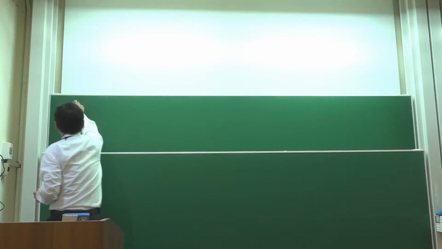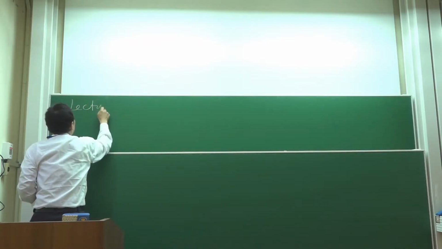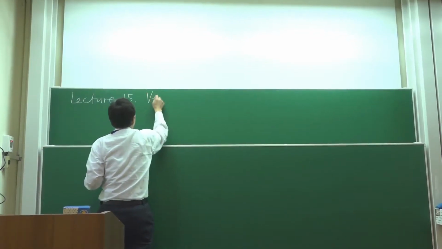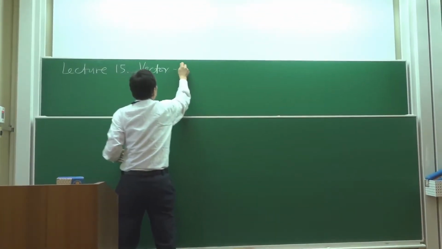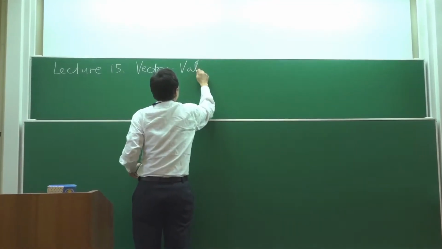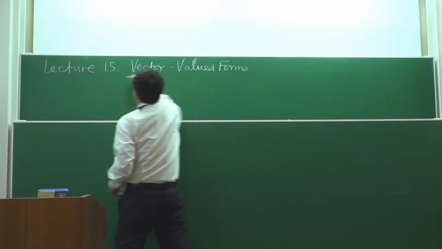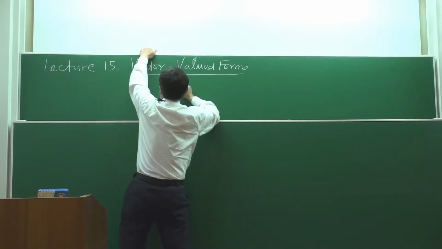Okay, so I'm going to start with vector valued forms.